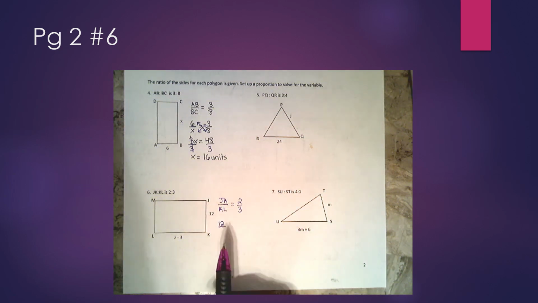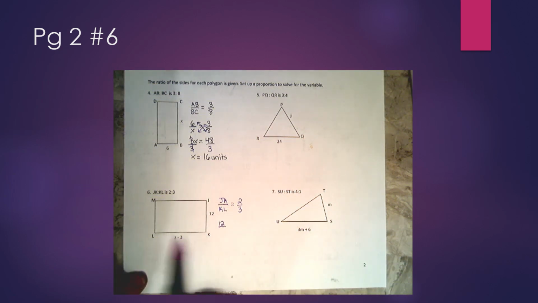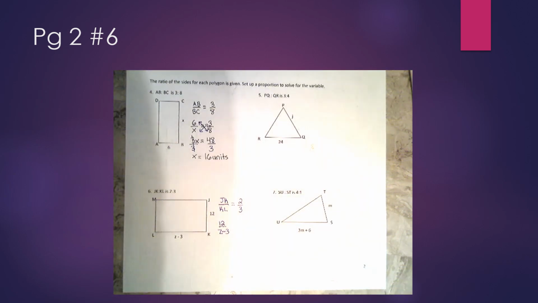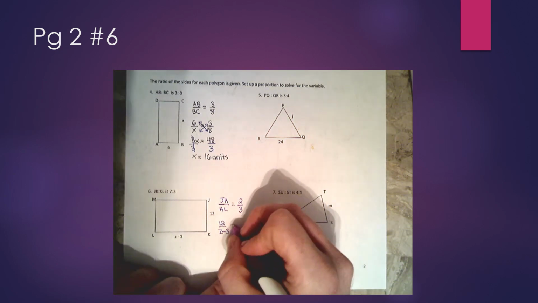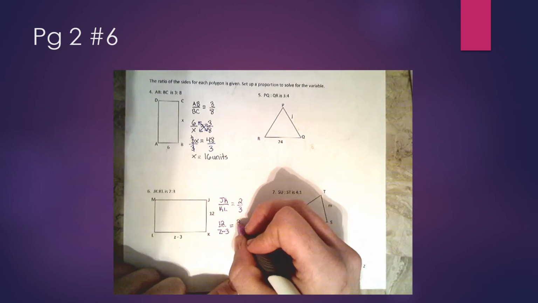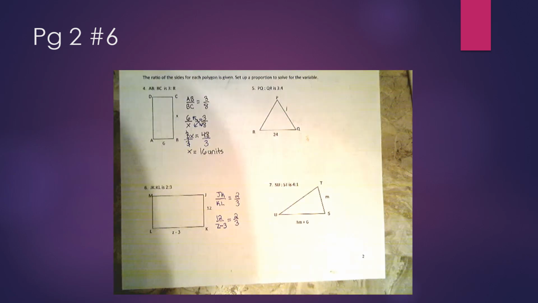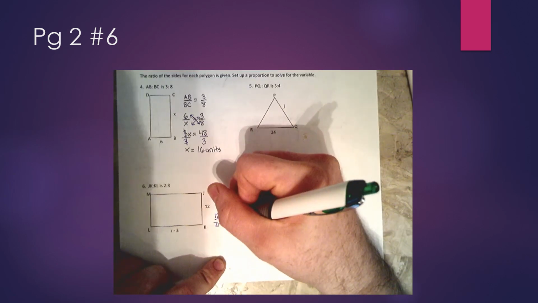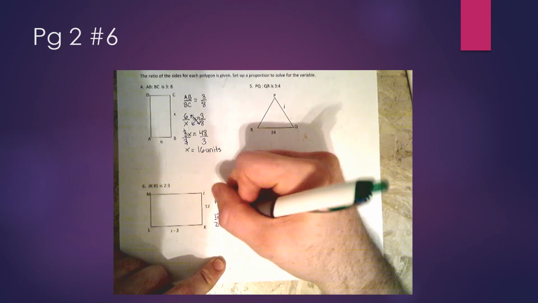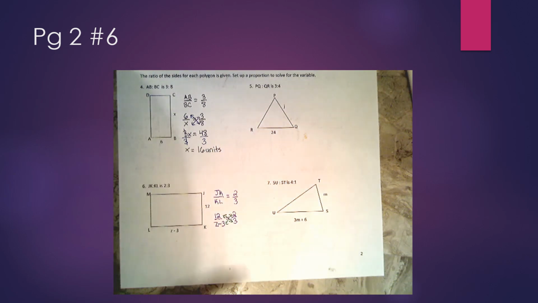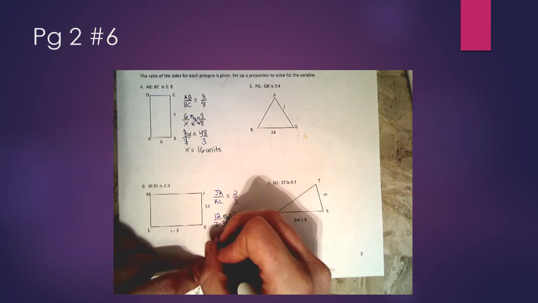So we have 12 over KL is Z minus 3. Z minus 3. And that is still equal to the ratio of 2 over 3. So now I want to do my cross product, or cross multiplication. So 3 times 12 is 36.